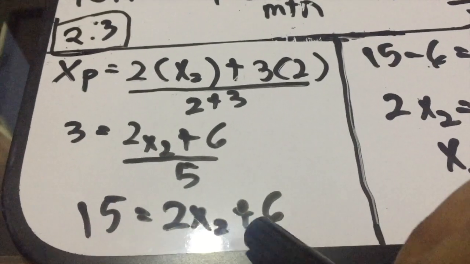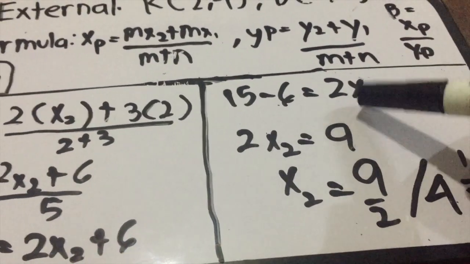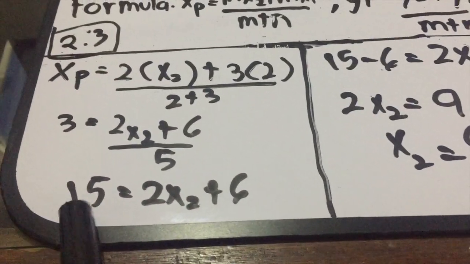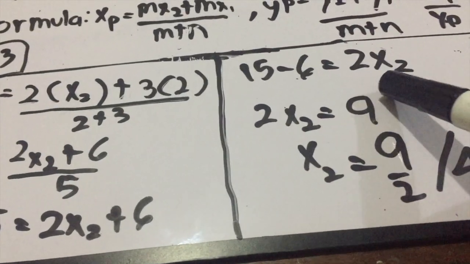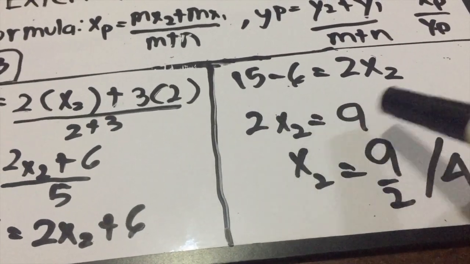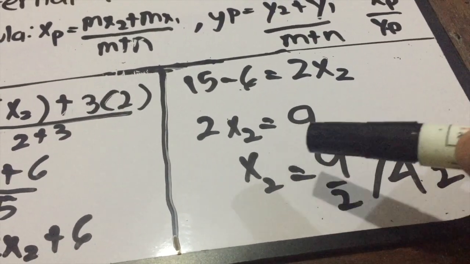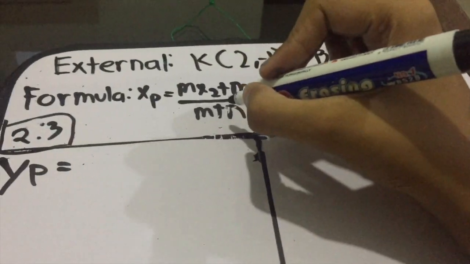It's basically just the same. Now we'll move on here. It's 15 minus 6 because we transpose 6 to the other side, which makes it negative. So 15 minus 6 will be equal to 9. So 2x sub 2 is equal to 9. And then we will just divide them by 2. Then x sub 2 is equal to 9 over 2.